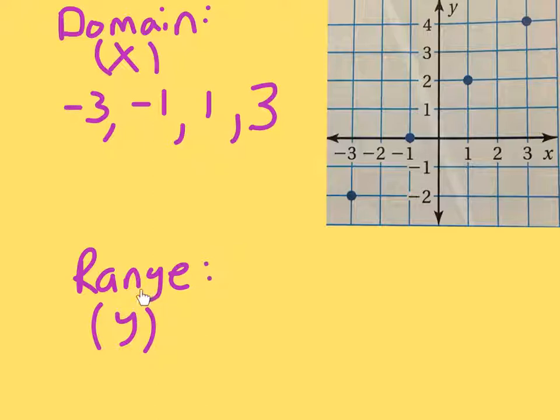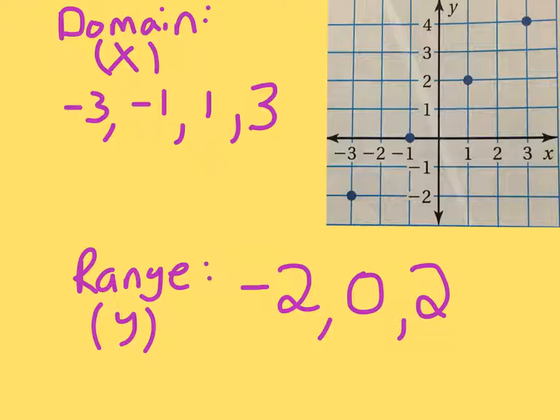The y coordinate. This dot, right, let's go to this point. This point has a range, or a y coordinate, of -2. Okay? The second point has a range of 0, the third point, range of 2.